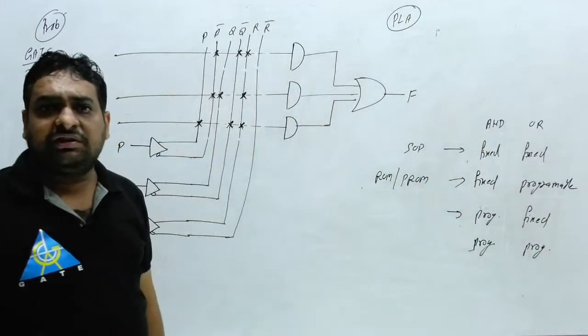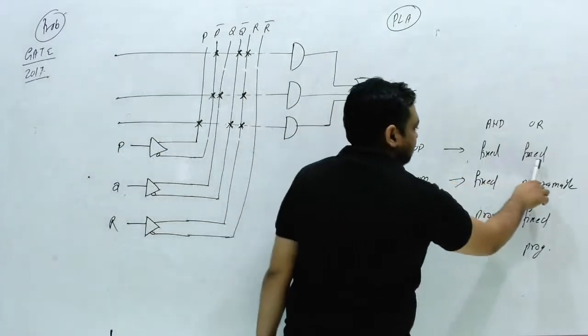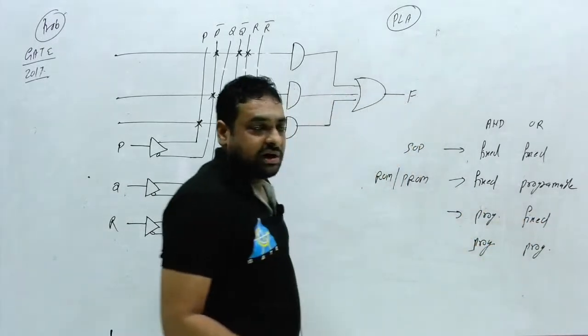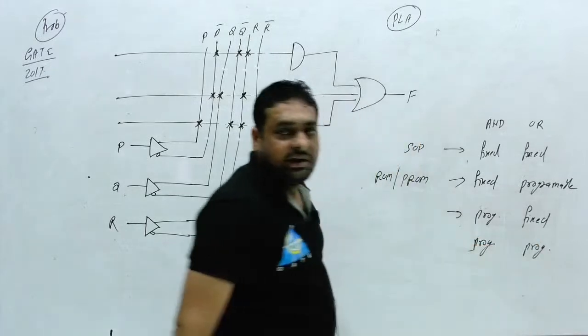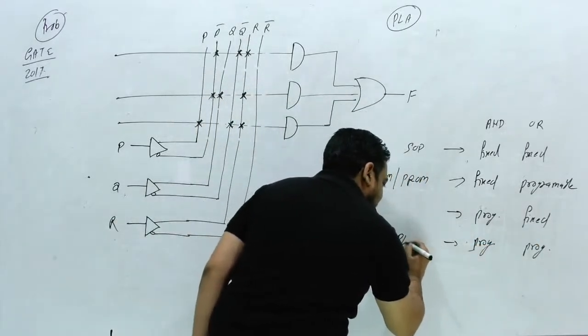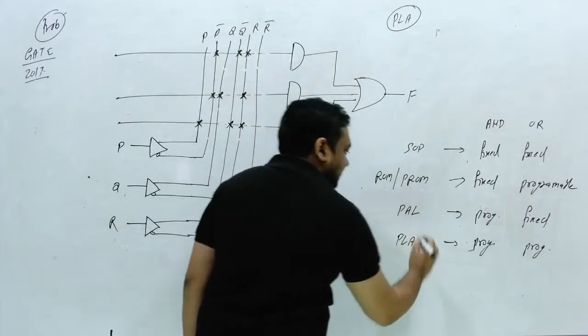These 4 kinds of structures can be possible for AND and OR arrays. Both fixed, both programmable, AND array fixed and OR array programmable, AND array programmable and OR array fixed. So this programmable one we generally call PLA, programmable logic array, and this one we call PAL, programmable array logic.